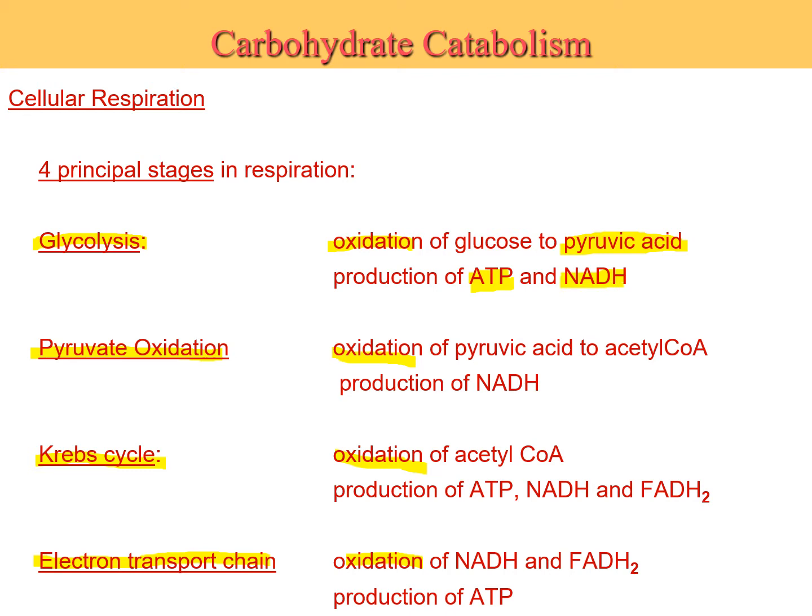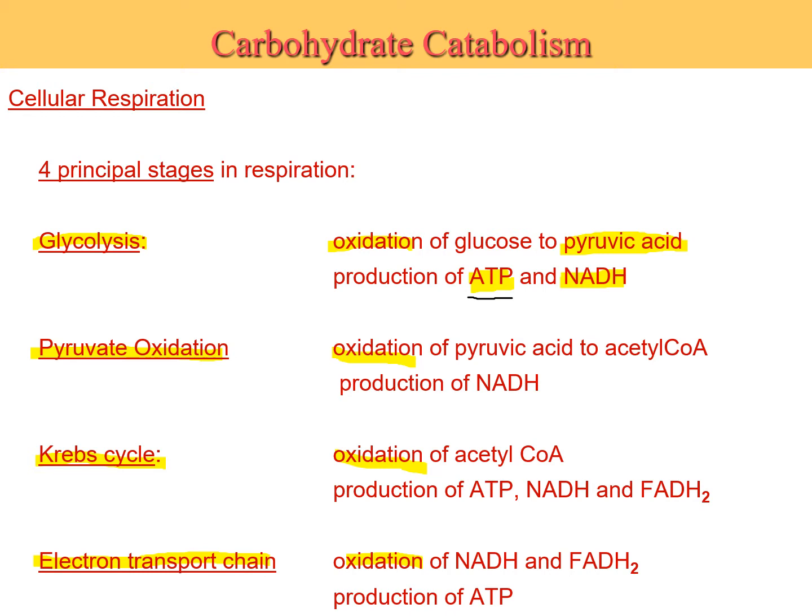Of course, ATP, that's what the cell wants, and that's the end point for that. But the energy in NADH will be used further down to generate ATP. So we have glycolysis, the oxidation of glucose to pyruvic acid, also known as pyruvate.